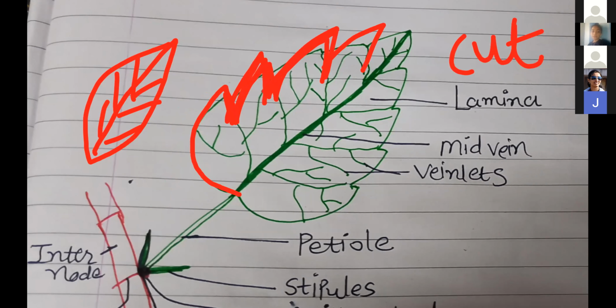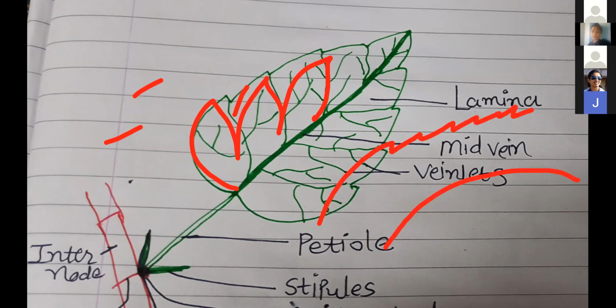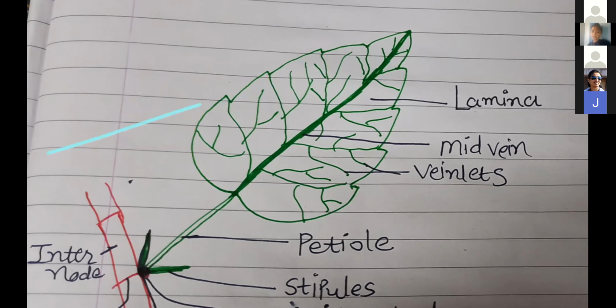In some, the incision is very deep; in some, incision is only superficial; in some, no incision, a smooth surface. So the extent of incision of the lamina, surface, apex, margin and shape all vary in different leaves.